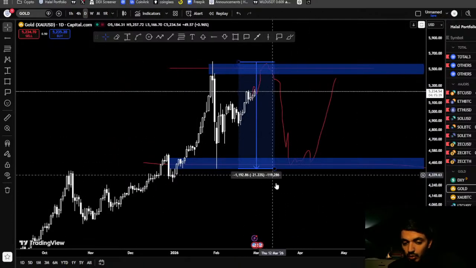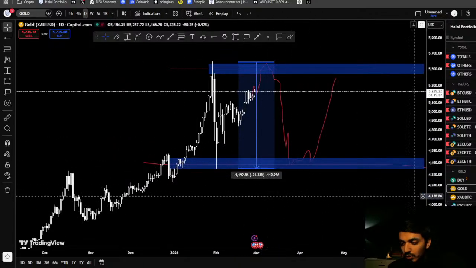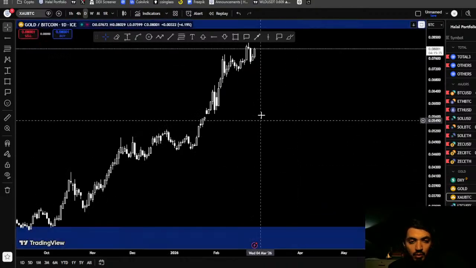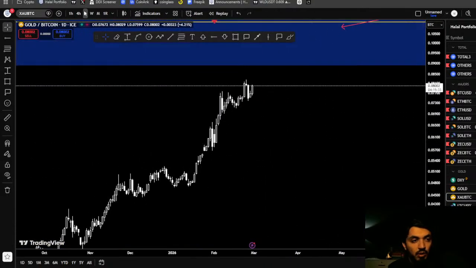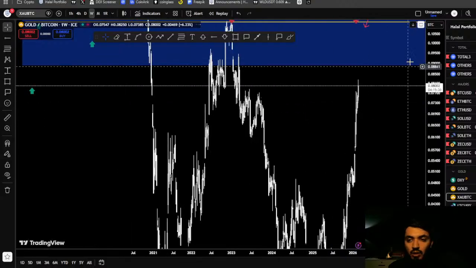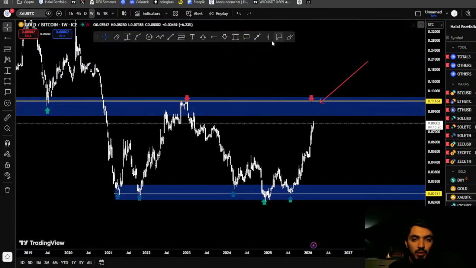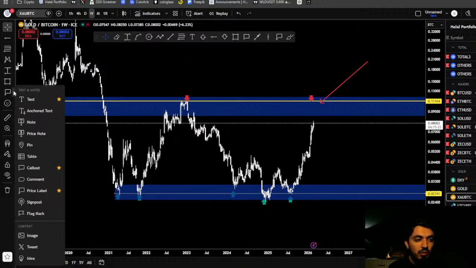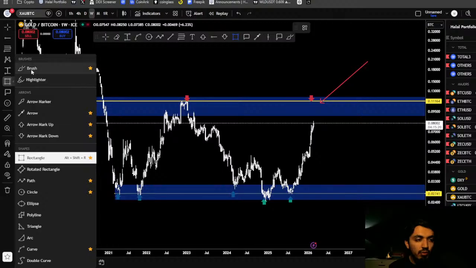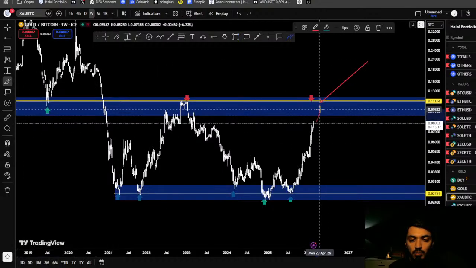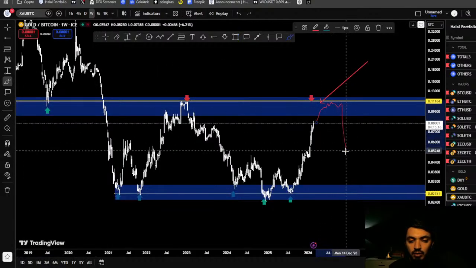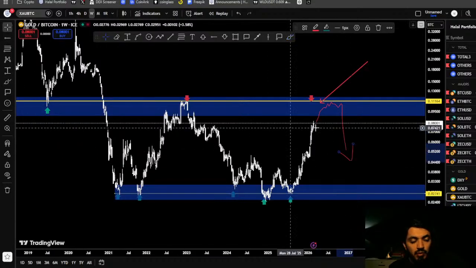We might even go lower if this 4,400 level is broken, but for now it is looking like it's sustainable. And yeah, this could also be a good Bitcoin bottom indicator, gold, which I have described previously. So you can go and watch that video if you want to know my full analysis on this.